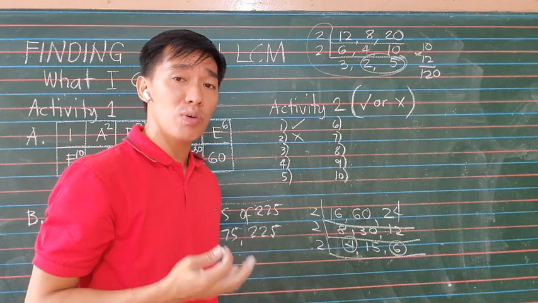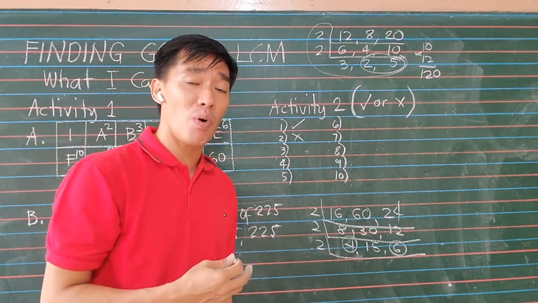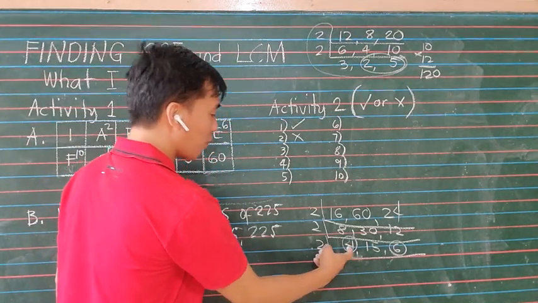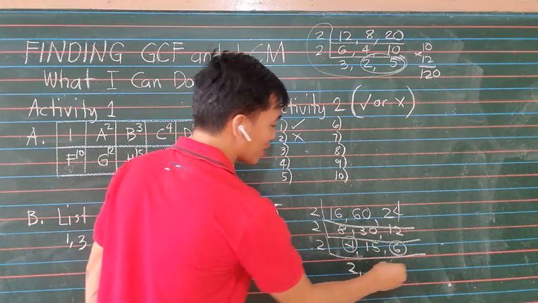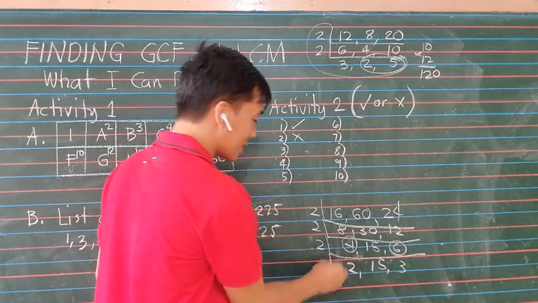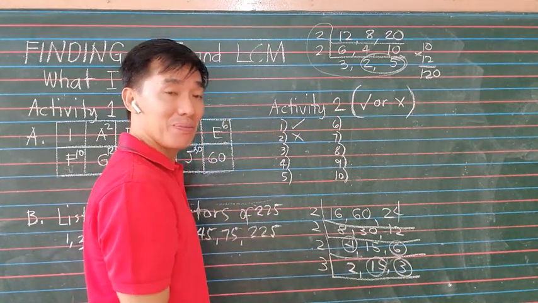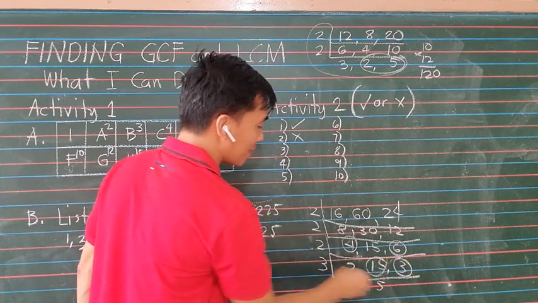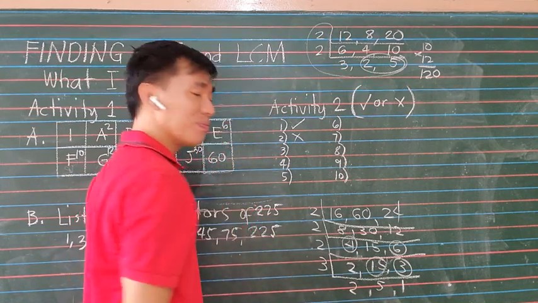If there are 2 or more numbers that can be divided by another prime number or another number, then you should continue dividing. So 4 divided by 2 is 2, then 6 divided by 2 is 3. Just bring down 15. If you notice, 15 and 3 can be divided by 3 again. So 15 divided by 3 is 5, and 3 divided by 3 is 1. And of course, just bring down 2.